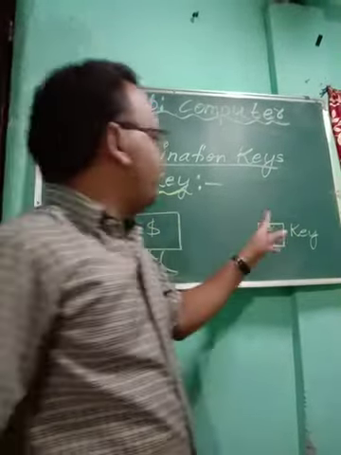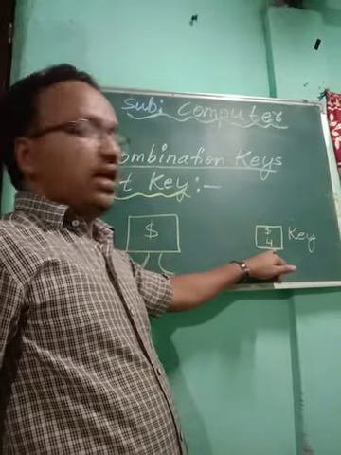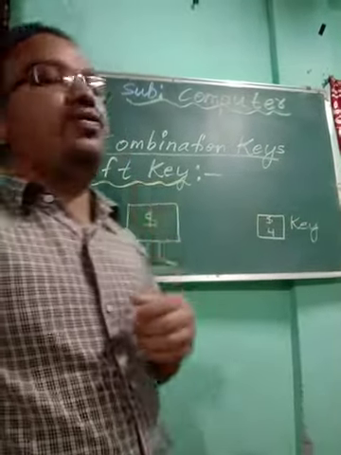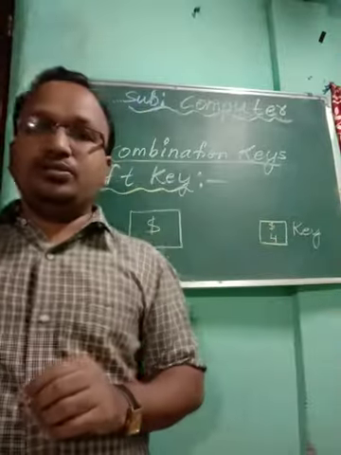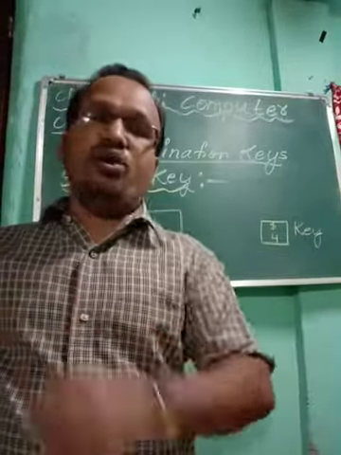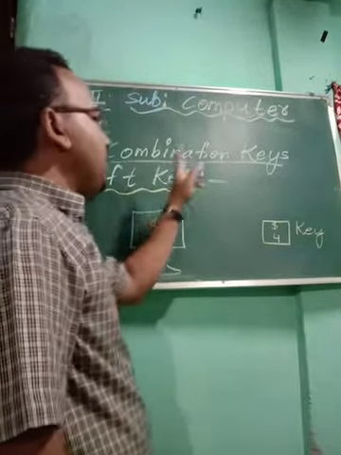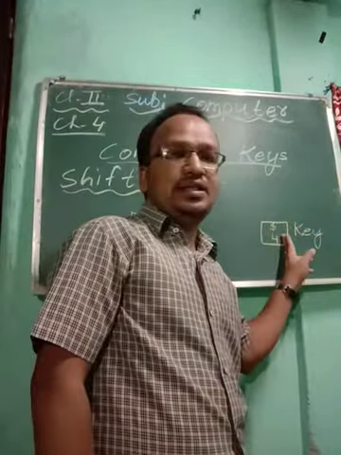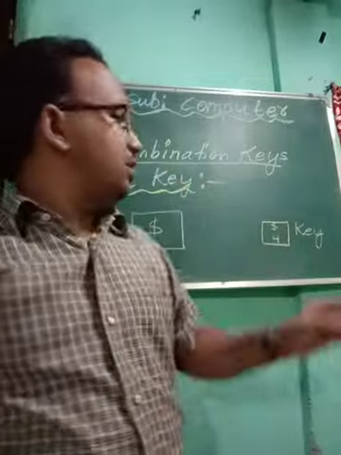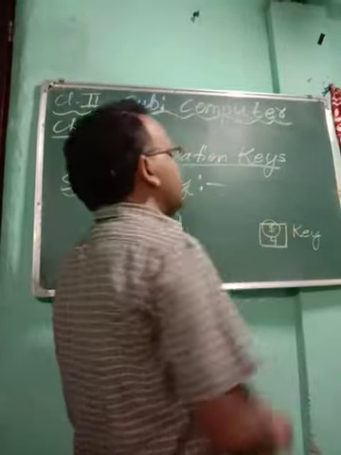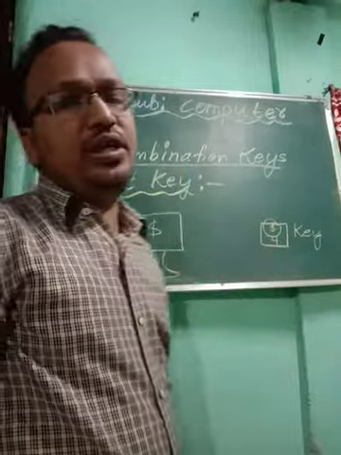If you press only this button, then 4 will come. This is your upper character, and this is your lower character. If you want the upper character on your monitor screen, you have to press the shift key first and then this button, and then only this dollar sign will come on your monitor screen.